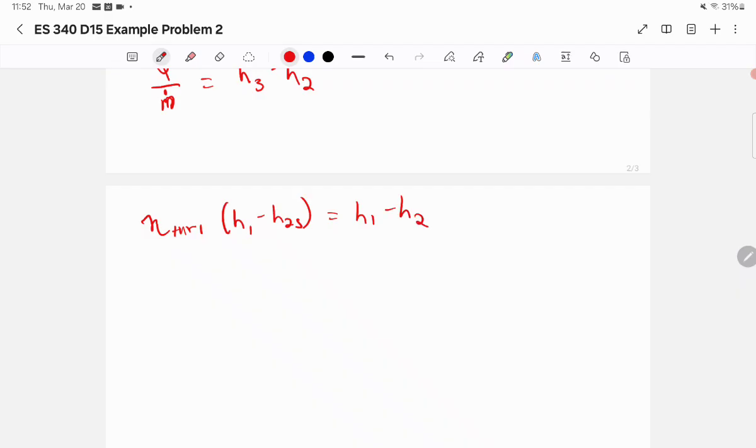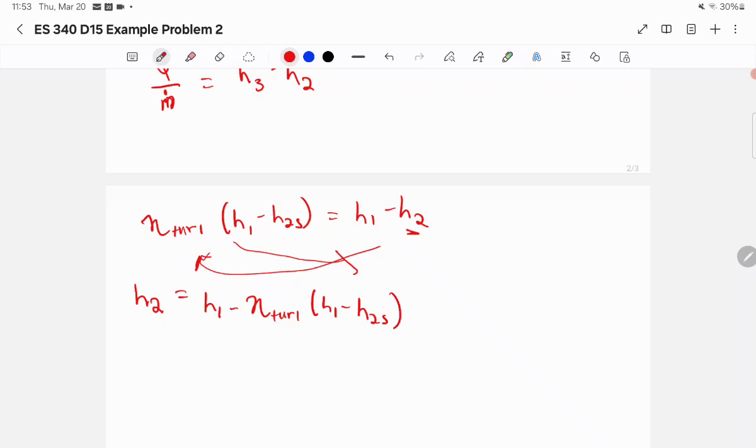Now we'll be able to find H1, so what we're going to look for is H2. If I rearrange this, I just move H2 over to this side and the turbine term to the other side, so H2 is equal to H1 minus eta turbine 1, which was 88%, I believe, times H1 minus H2S.